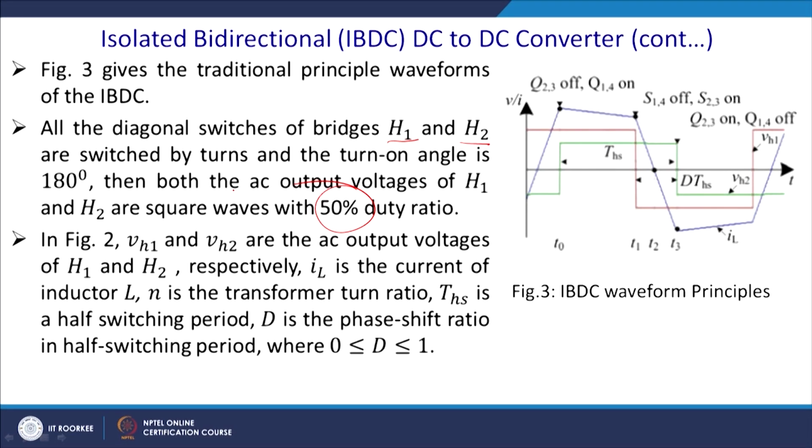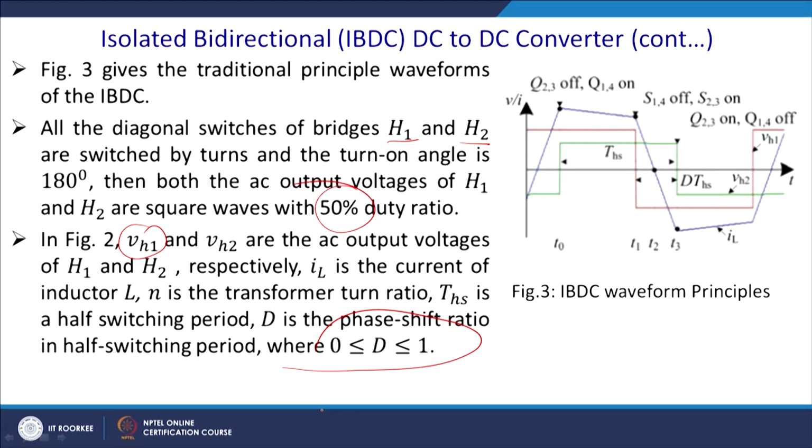In figure 2, VH1 and VH2 are the AC output voltages of H1 and H2 respectively, and IL is the current of the inductor L, and N is the transformer's trans ratio. THS is the half switching period, D is the phase shift ratio in half switching period, where D is within 1, where D is a turn on by turn off.